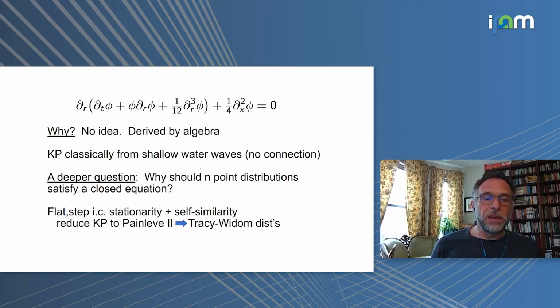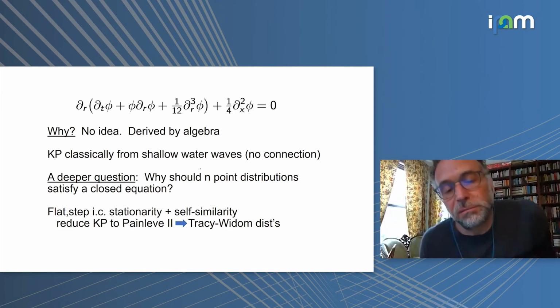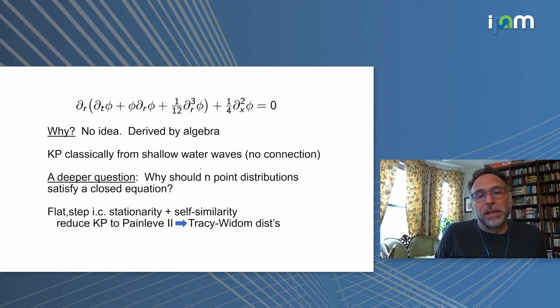The KP equations and KdVs are equations which are classically derived from shallow water waves, but there's no connection between the classical derivation and our equation. And in fact, if you look at the initial data for our equation, which I haven't written, it's a bit complicated, so I won't write it out, but they're not too hard to derive. They simply have nothing to do with the types of initial data which were classically used in KP and KdV.